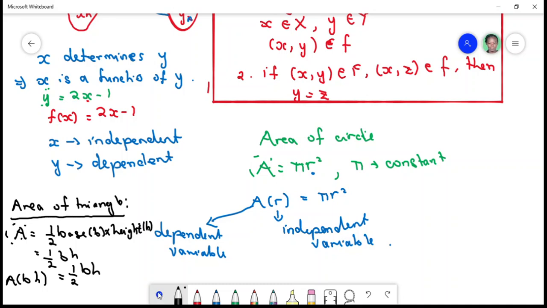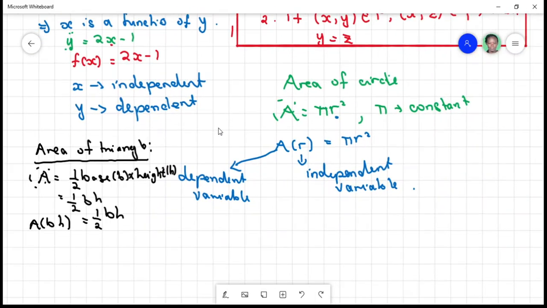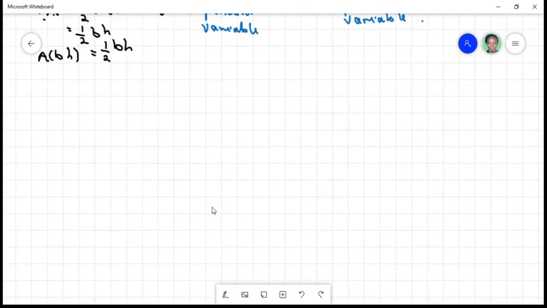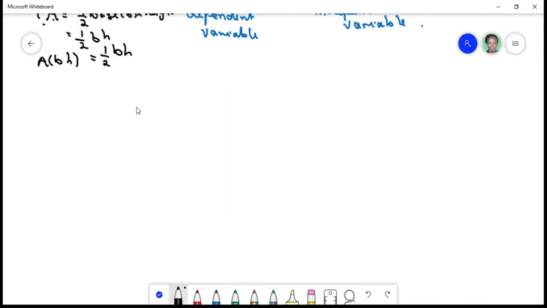It's very interesting how functions operate, and there are so many ways you could represent a function. So one of the ways is the representation of a function.